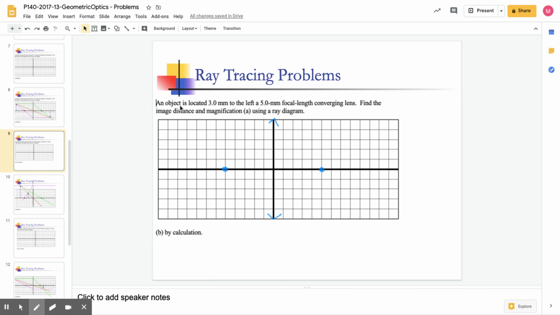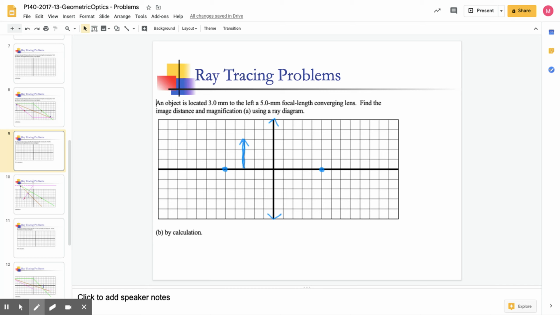Our object is 3 millimeters to the left of a 5 millimeter focal length lens. So let's go 1, 2, 3. And let me erase that. Should be where my object goes. I'm going to make this 3 tall. So there we go. There's my object.